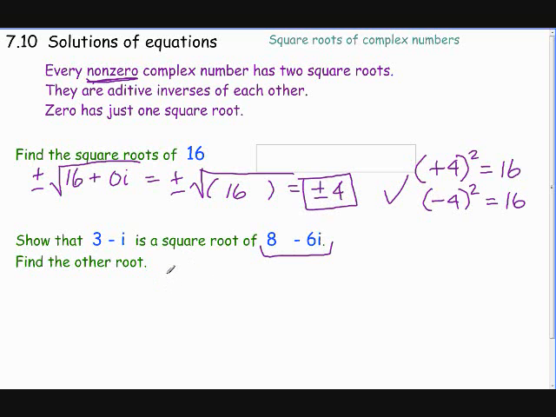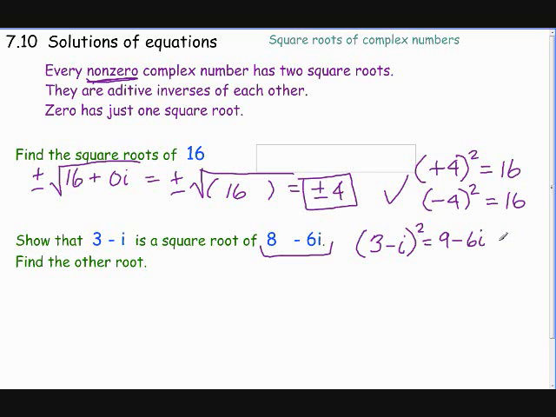We should do the same thing here. So if I take 3 minus i and I square it, what I'm expecting to get, if it is in fact the square root of this, is 8 minus 6i. Let's see what happens. This will square, that'll give me 9. I will have a middle term. It'll be negative 3i twice, or negative 6i.